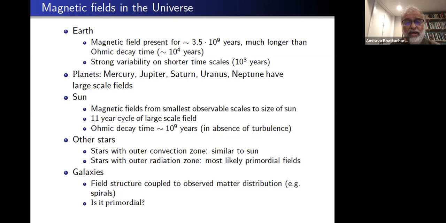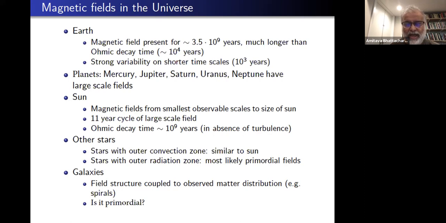For the Earth, as many of you know, the magnetic field has been present for about 3.5 billion years. And now that Dana has very nicely introduced the very concept of ohmic decay, which she actually quantified, and I shall return to that somewhere in my lecture, that's about 10,000 years.